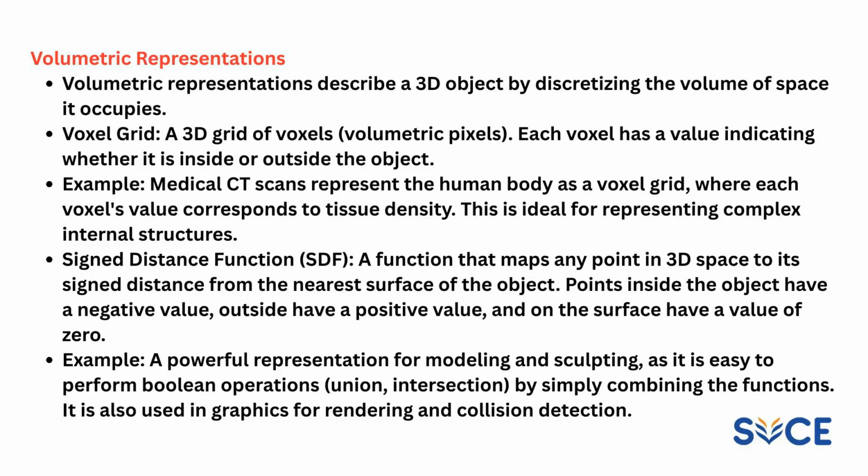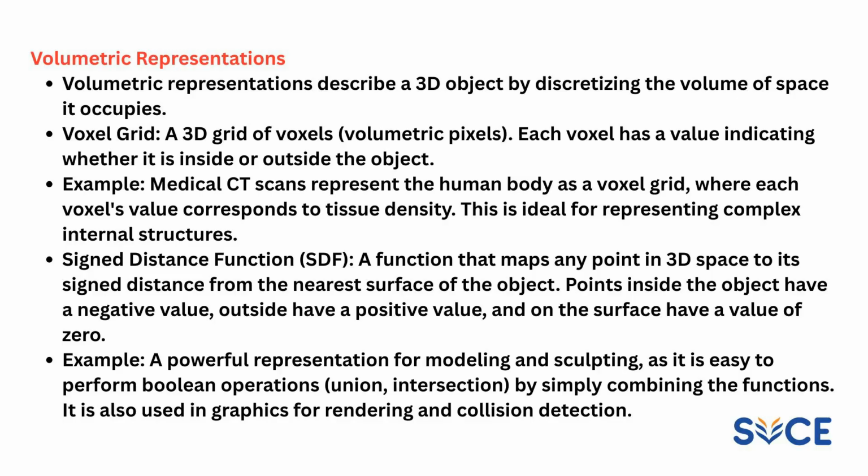The first one is the voxel grid. Think of a voxel as a 3D version of a pixel. In a voxel grid, space is divided into tiny cubes called voxels, and each voxel stores a value that tells us whether it belongs to an object or not.